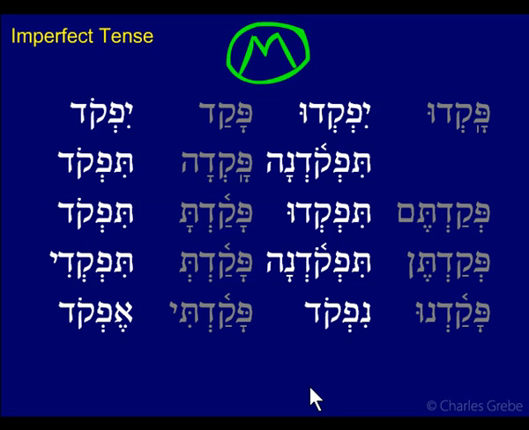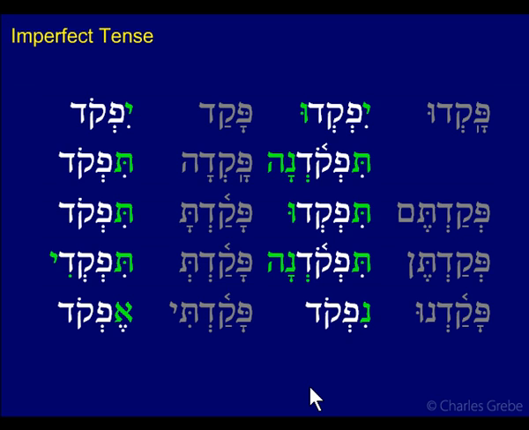Okay, let us look at some of these features. Okay, what I've highlighted here is the prefixes and the suffixes of the imperfect. So you see here we've got the greens, prefixes here, and then we got suffixes here.